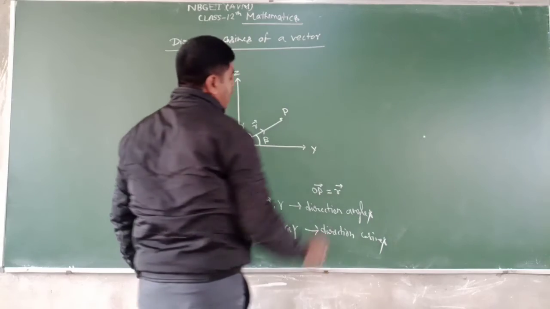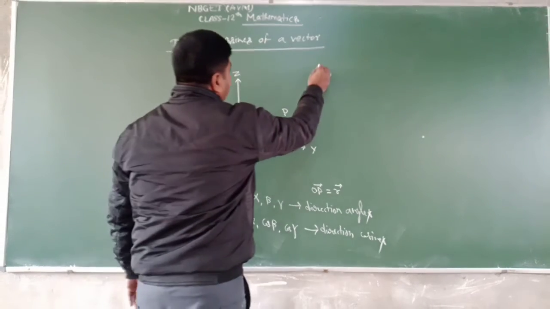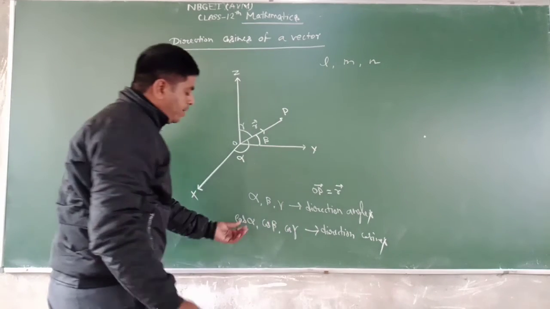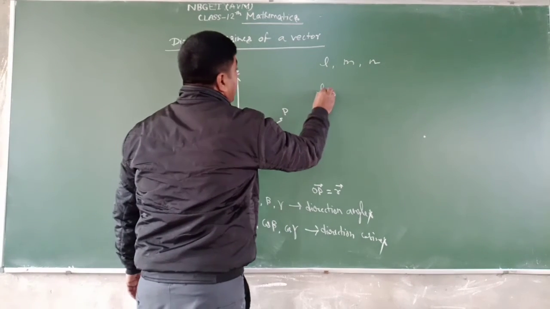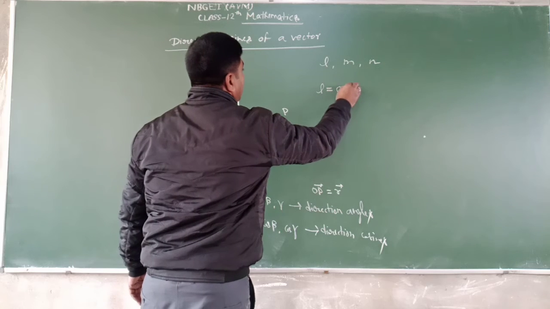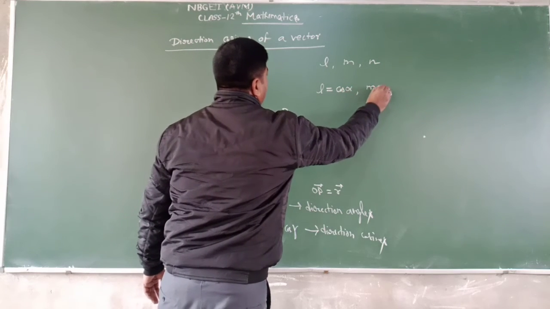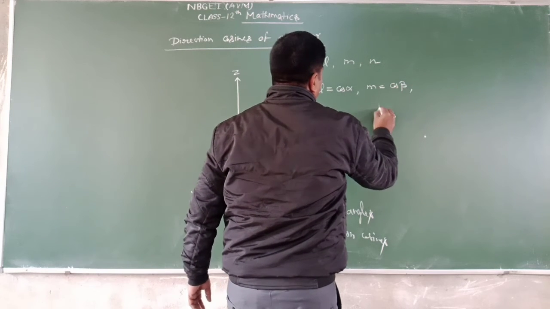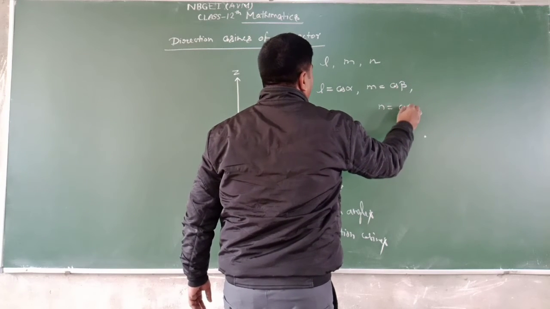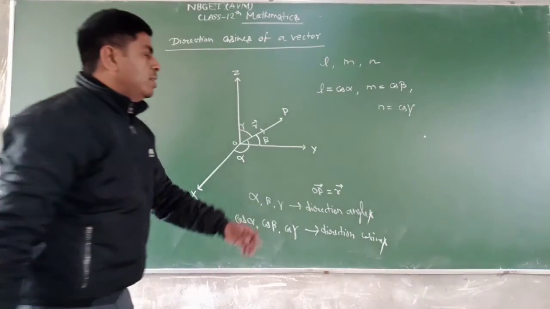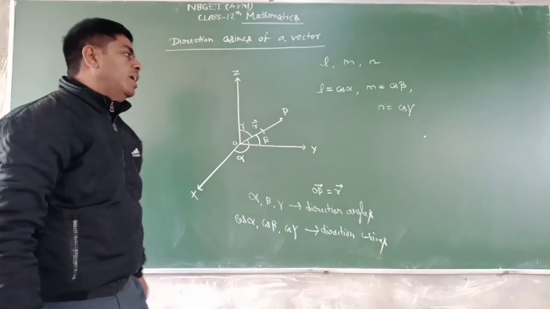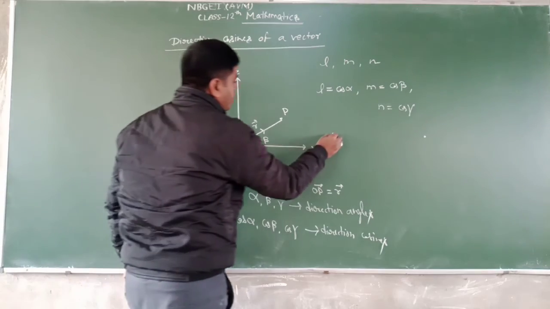Now simply direction cosines can be denoted by L, M and N respectively. So L is equal to cos alpha, M is equal to cos beta and N is equal to cos gamma. L, M, N are the notations for direction cosines.